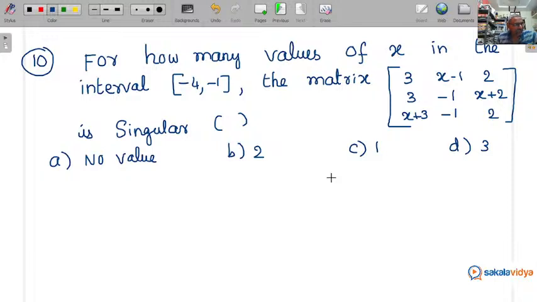Try this question. Concept is very simple. Equate the determinant to 0, that's all. Then find out the x values, check whether the x values lie between minus 4 to minus 1, that's all. Then count the number of such x, that is our answer.